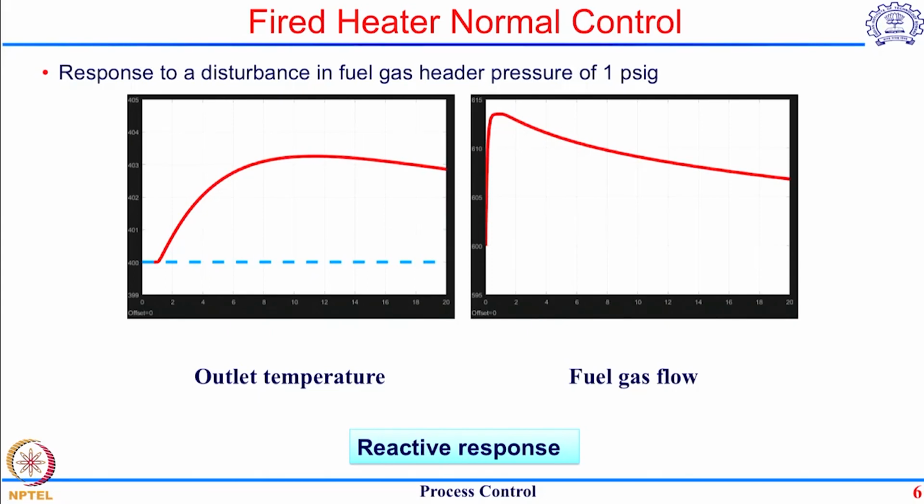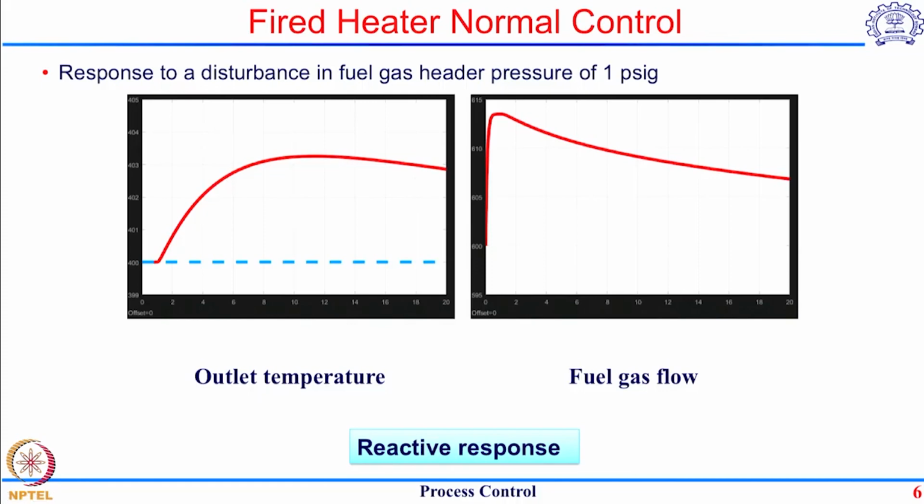And then you can see that only after 1 minute this temperature will start to show any effect. There will be a difference between actual temperature and the set point, and accordingly the controller will try to reduce the valve opening, and then you will see that the fuel gas flow reduces. However, because of this dead time of 1 minute, the controller did not take any action for 1 minute. So, a substantial amount of extra fuel went into the system, which caused the temperature to rise to a very high value.